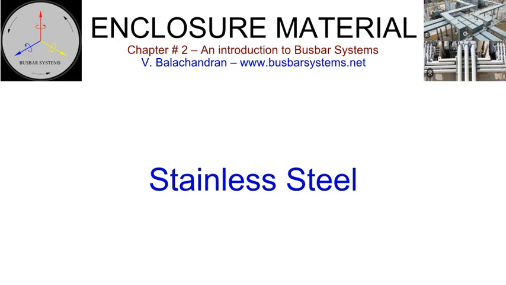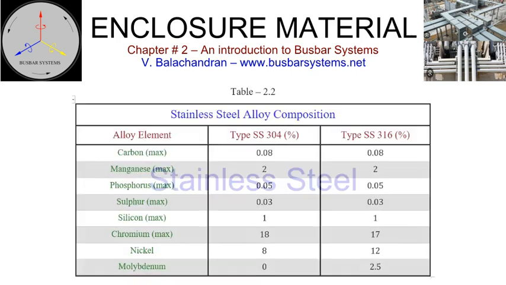Stainless steel enclosures do not require painting, unless it is required to improve emissivity for better heat dissipation. Stainless steel alloy composition for type grade SS304 and grade type SS316 is detailed in Table 2.2. The alloy elements comprise carbon, manganese, phosphorus, sulfur, silicon, chromium, nickel, and molybdenum.